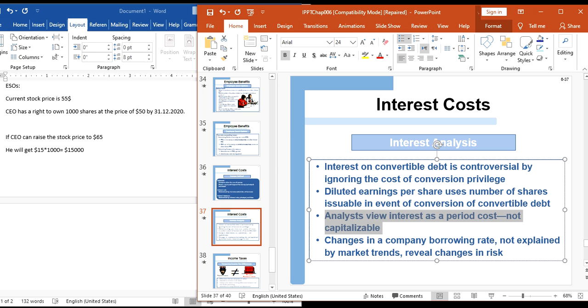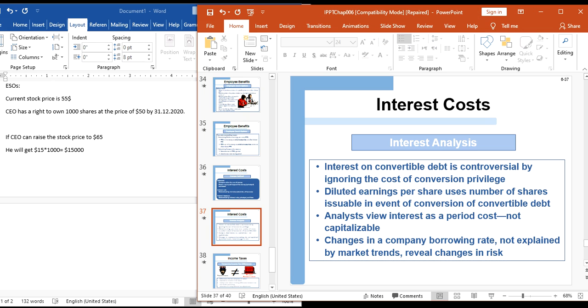Okay, like it's not forever and it's not fixed. This can be changed from year to year, and those should be recognized as costs and should be recognized when the actual cash is paid for these interests.